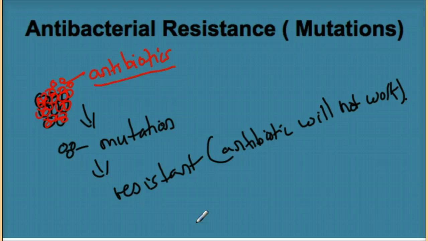And after a while, a couple of years, the same thing will happen. So there is no permanent type of antibiotic that has been discovered yet. Every single type of antibiotic that we have been using, the bacteria start becoming resistant to them after a few years. And the reason why is because these bacteria have mutated.